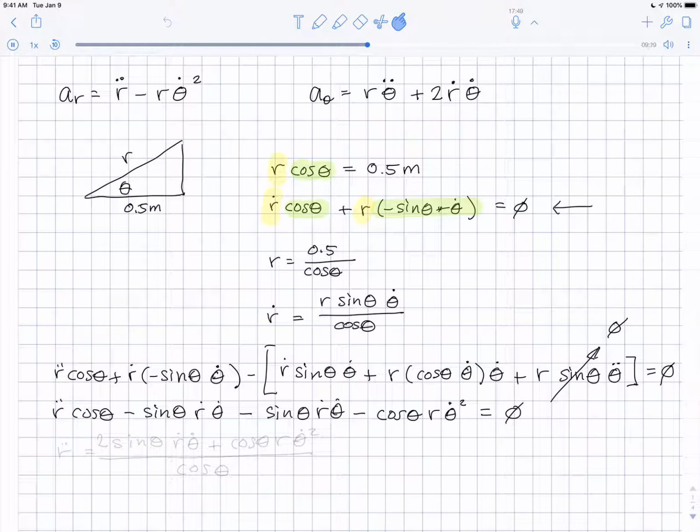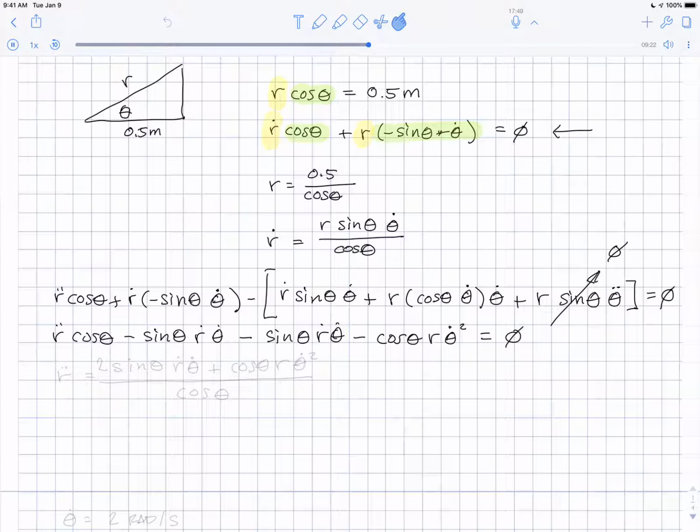And finally, r double dot equals sine theta r dot theta dot, two of them, plus cos theta r theta dot squared, all over cos theta. There we go. We have everything we need.